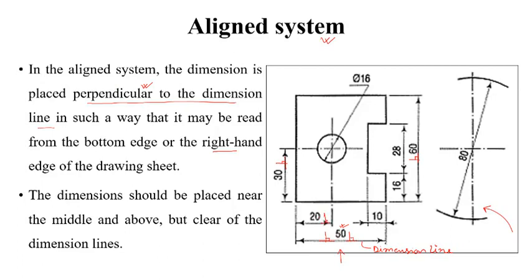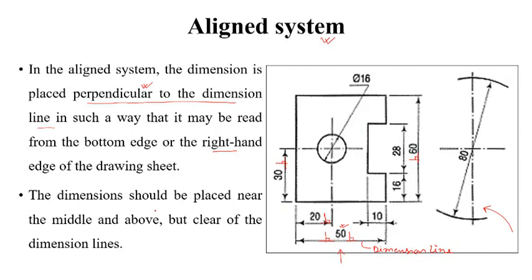Second condition is when we put the dimension, we should be able to easily read it from the bottom side or from the bottom edge. Third condition is what? When we place the dimension, it should be such that it can be easily readable from the right hand edge of the drawing sheet. That means we should be able to read it easily from this side. So these are the three conditions of the aligned system.